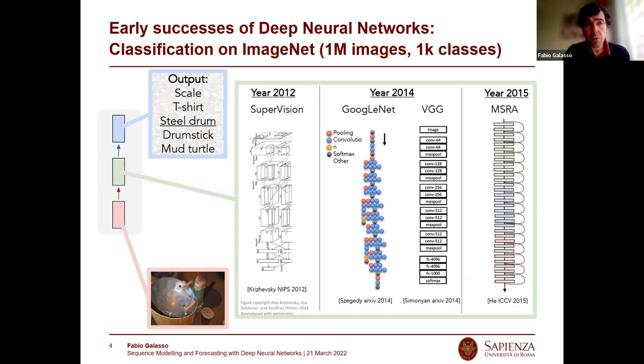For example, in the case of ImageNet, you want to say there is a steel drum within the image. If you tell me there is a steel drum, then thumbs up, you get it right.